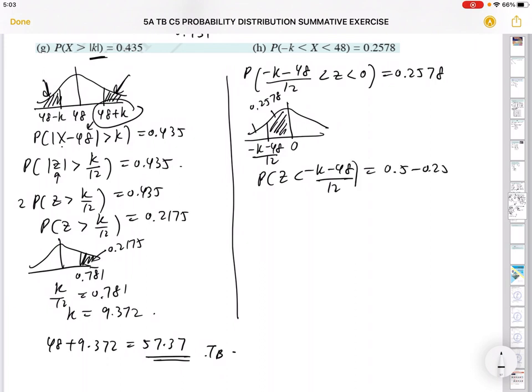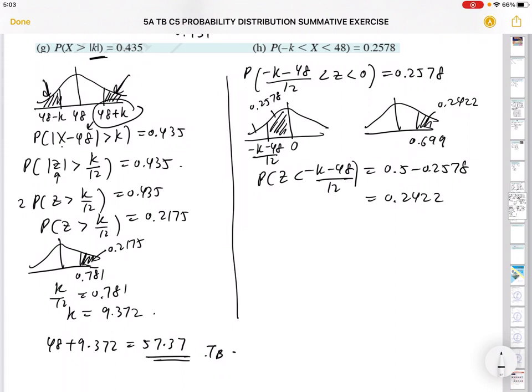Okay, I hope I didn't make any mistake. 2578. Yeah, 0.2422. Okay, now if you look at the mathematical table, 0.2422, your z value is 0.699. But this is on the right, so we're going to flip over. So negative k minus 48 over 12 should be negative 0.699.